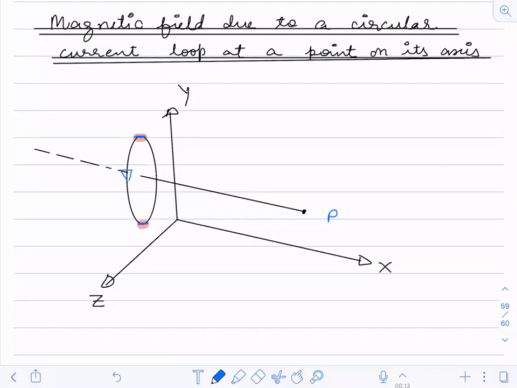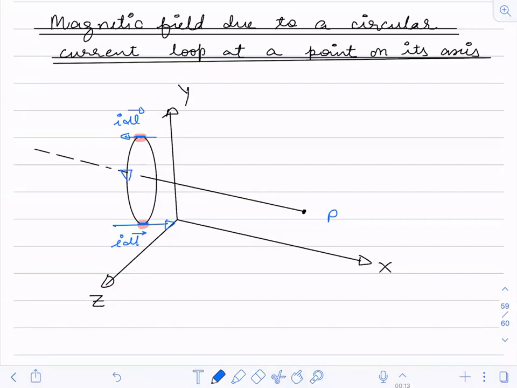The direction of the current element will be in this direction. This will be I dl vector. If you see here at the top, the current element has this direction, tangent to the ring at that point.